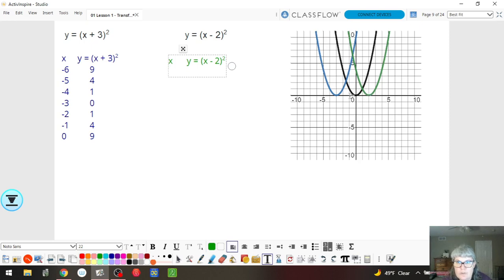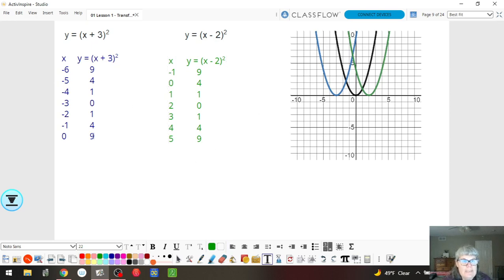So 3 to the left of that is going to put us at -1, was up at 9. 0 is at 4. 1 is at 1. 2 has a y value of 0. 3 went back up to a y value of 1. 4 went back up to a y value of 4. And 5 went back up to a y value of 9.